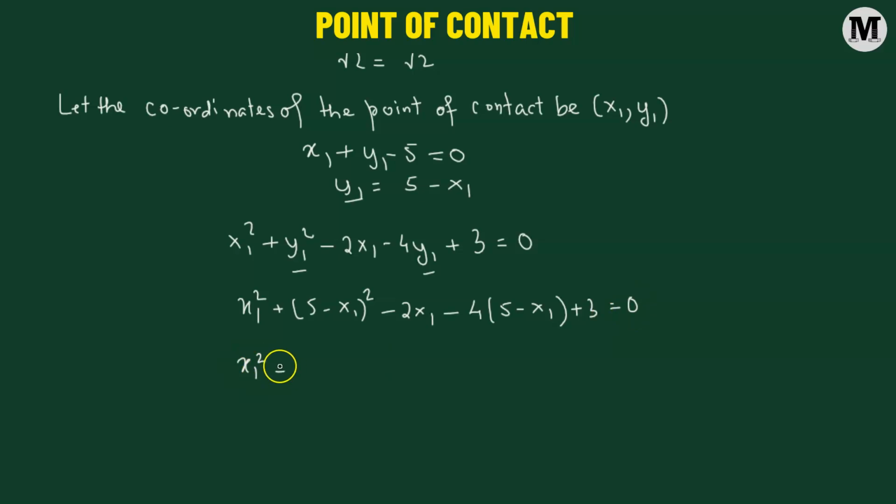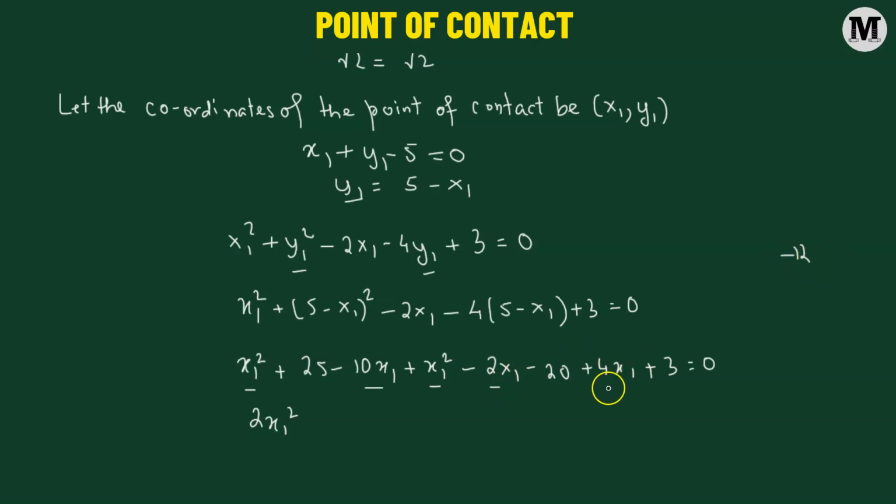We get x1 squared plus 25 minus 10 times x1 plus x1 squared minus 2 times x1 minus 20 plus 4 times x1 plus 3 equals 0. So here x1 squared and x1 squared give us 2 times x1 squared. Then we have negative 10x1, negative 2x1, that's negative 12, and then positive 4. So negative 12 added to positive 4 will be negative 8x1. Then the constant terms: 25 minus 20 is plus 5, and 5 plus 3 is 8. This equals 0.